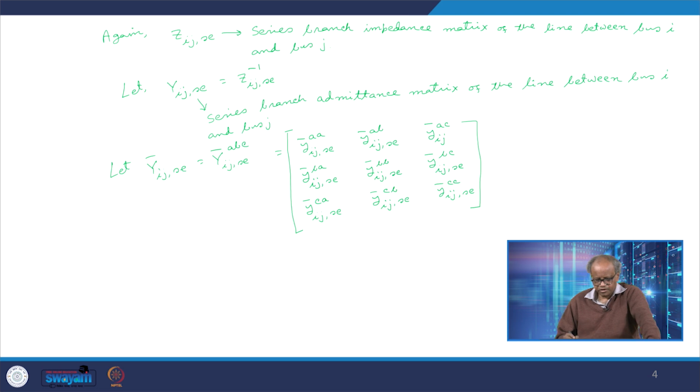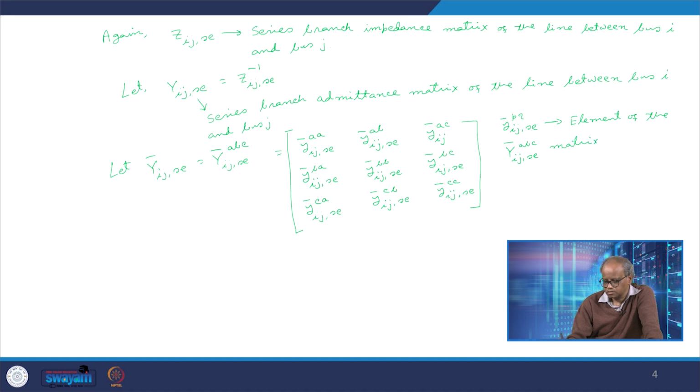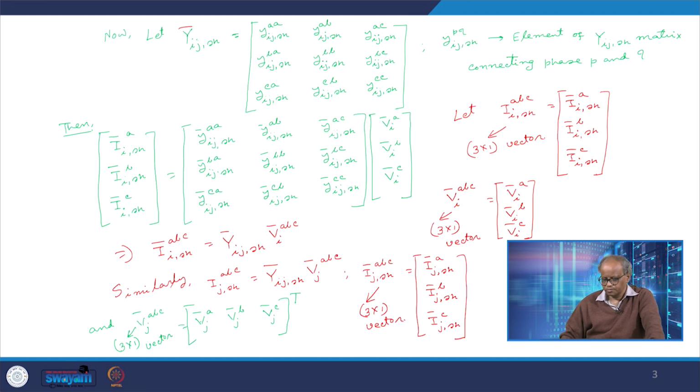This is a 3 cross 3 matrix, and I define PQ as the actual element of the y_ij series ABC matrix connecting phases P and Q, where P, Q are A, B, C. Similarly here also P, Q are A, B, C.